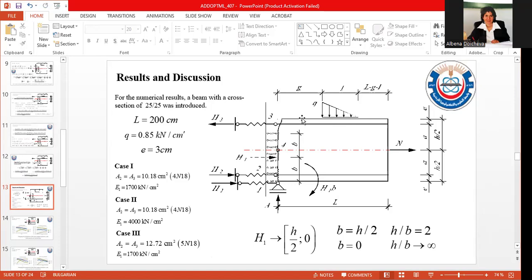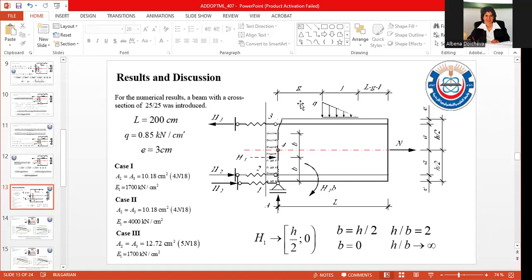That means the maximum G is about 135 centimeters, and to give different positions of load, we change the distance G. G is in the interval 0 to 135 centimeters.